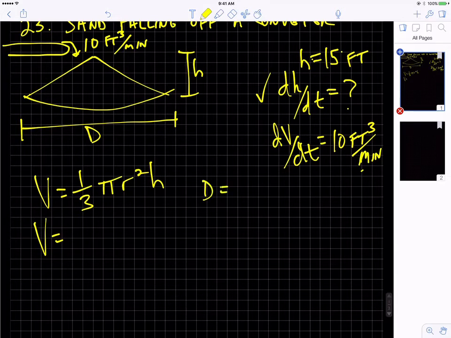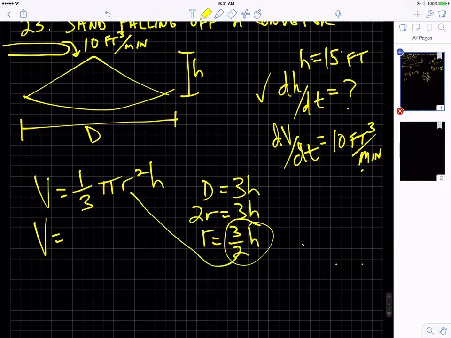They tell us the diameter is approximately 3 times the length of the altitude, so I can write this little equation here. Now we need the radius related to height, and a diameter is 2 radii. Since I want to remove r from my volume equation, I solve this for r. Now I can make a substitution for r in my volume equation.